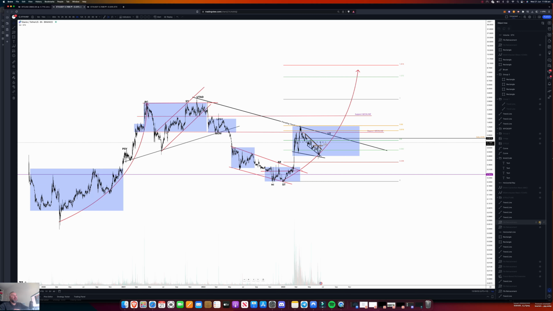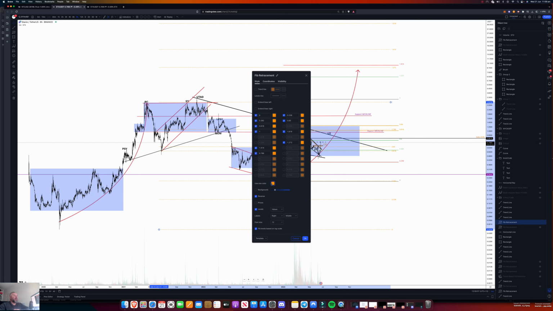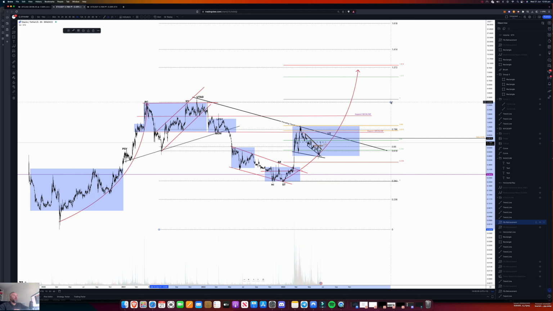Here are the others. So we've got our bottom. Let's make this black. And obviously make it a bit bigger so you can see. Top is 1. Down here is 0. And you can see 618 is holding it up. And 786 doesn't quite do it.